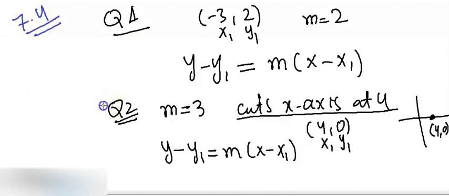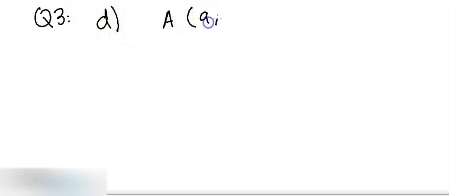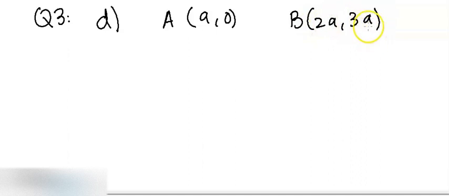In question 3 it is giving you 2 points and asking you to find the equation. There are 4 parts, but I'll be doing only part D. I am given 2 points. One point is A, which is a comma 0, and the other point is B, which is 2a comma 3a.